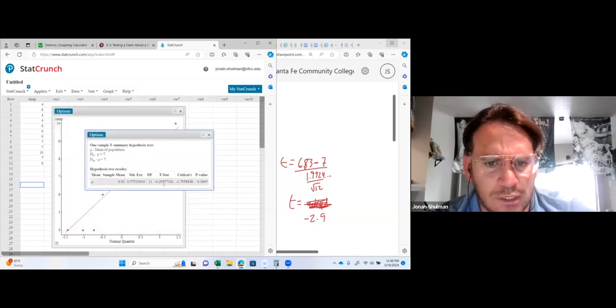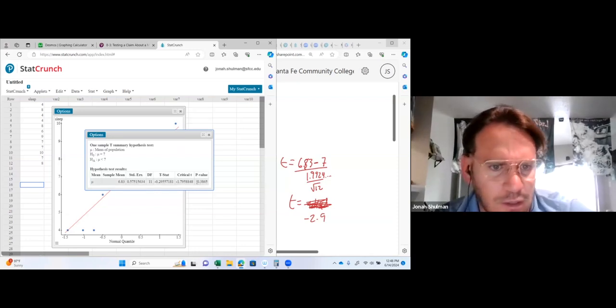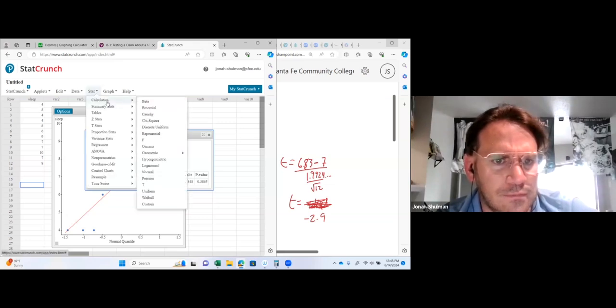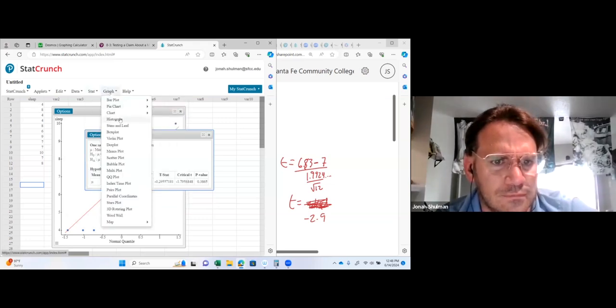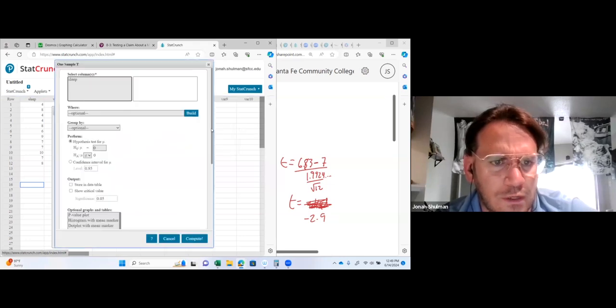There's the negative 2.9. There's your critical. It's still not significant, okay? Now, how come I was not getting this when I was doing it the other way? With data, okay. There's my data.